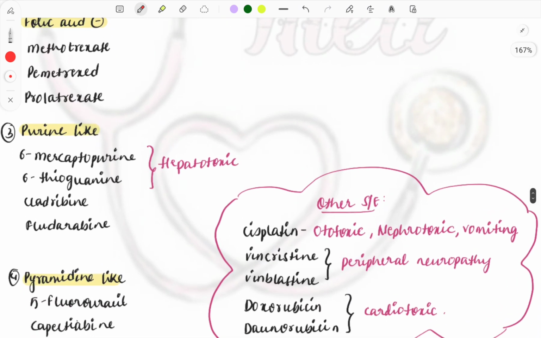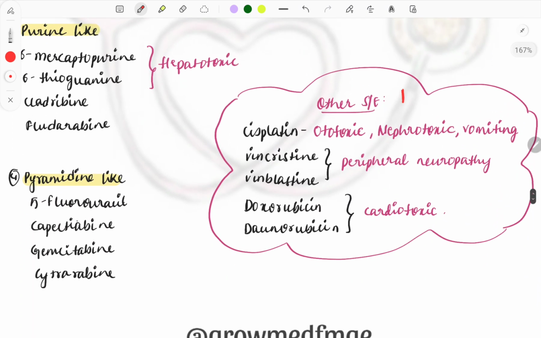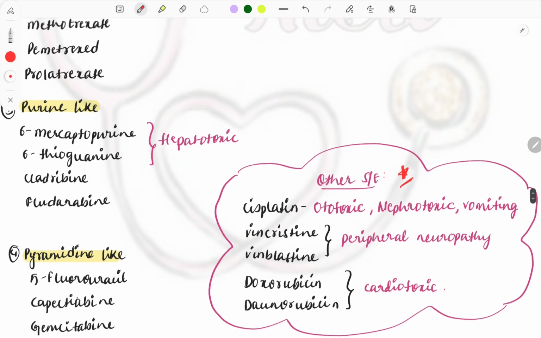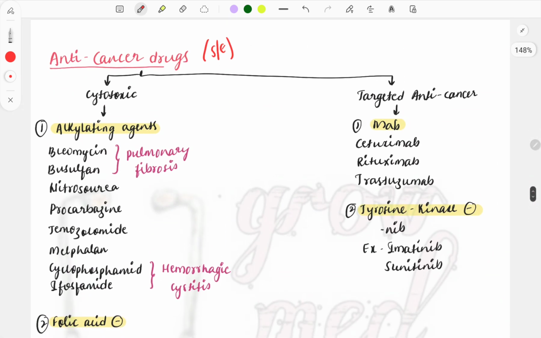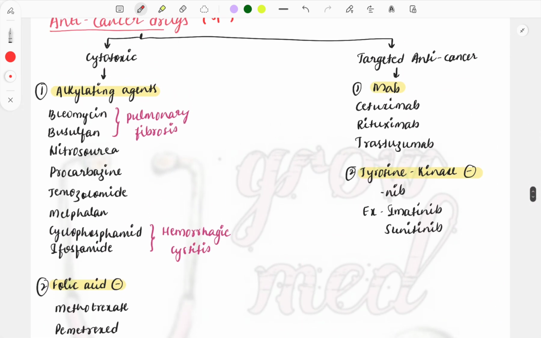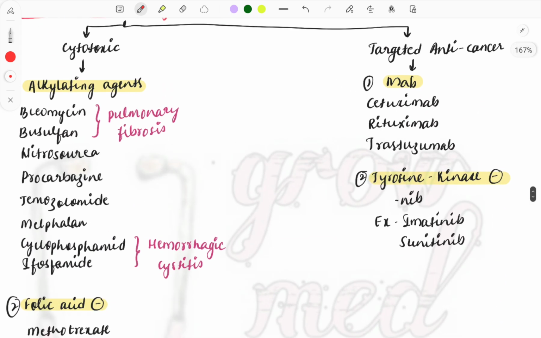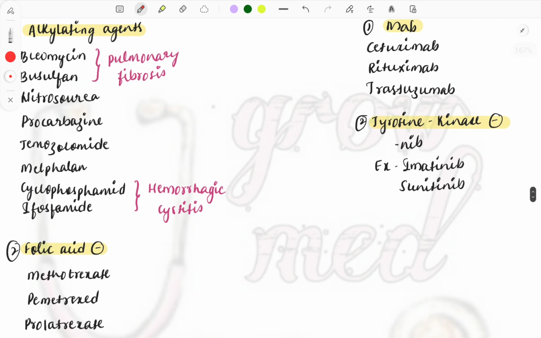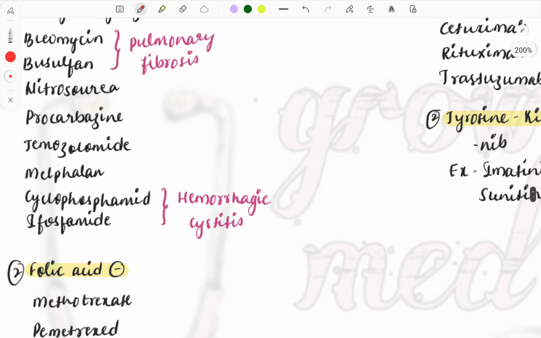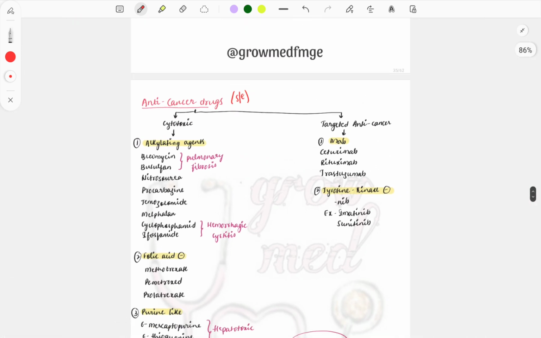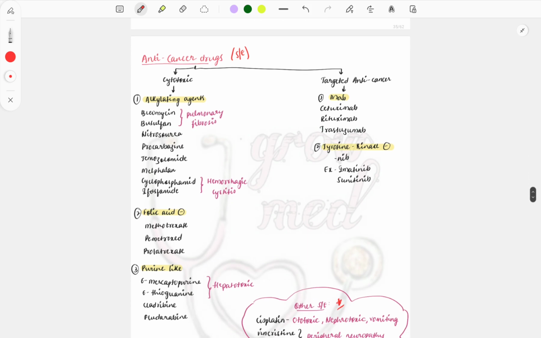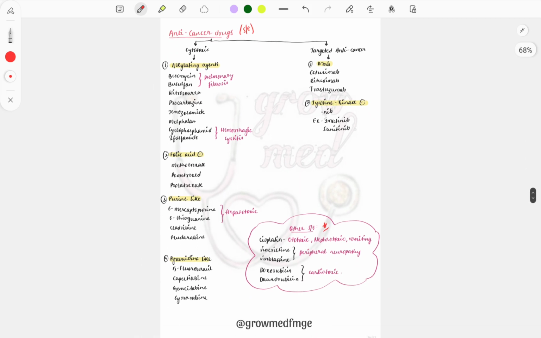The PYQs asked from this are these things: the ototoxic, nephrotoxic, vomiting, peripheral neuropathy, and cardiotoxic. Then pulmonary fibrosis caused by two drugs, bleomycin and busulfan, and hemorrhagic cystitis caused by cyclophosphamide and ifosfamide. This side effect part is important, but not that important. So it is important, but okay.